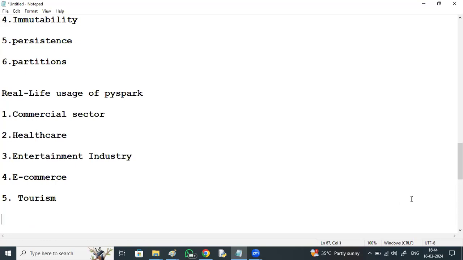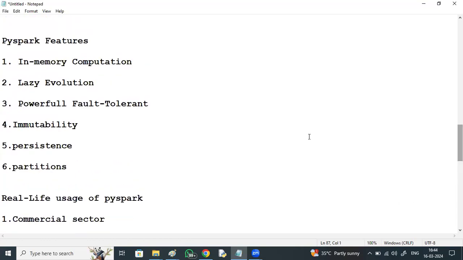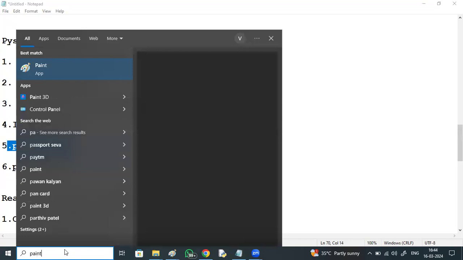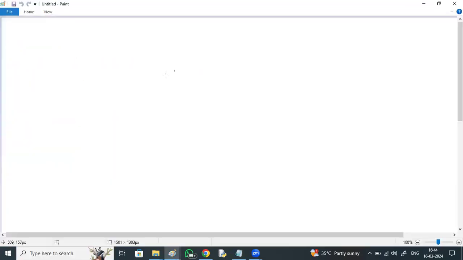So here the main features are in-memory computation, lazy evaluation, and the persistence feature. For example, observe this flow of execution.